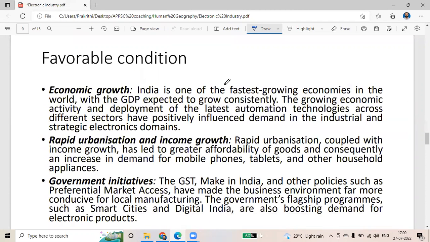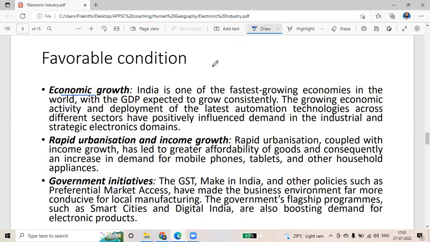And now we can look at what are the favorable conditions for the electronics industries in India. It includes economic growth. India is one of the fastest growing economies in the world, with GDP expected to grow constantly. Even though we have faced the corona period, our GDP is still in a progressive stage.